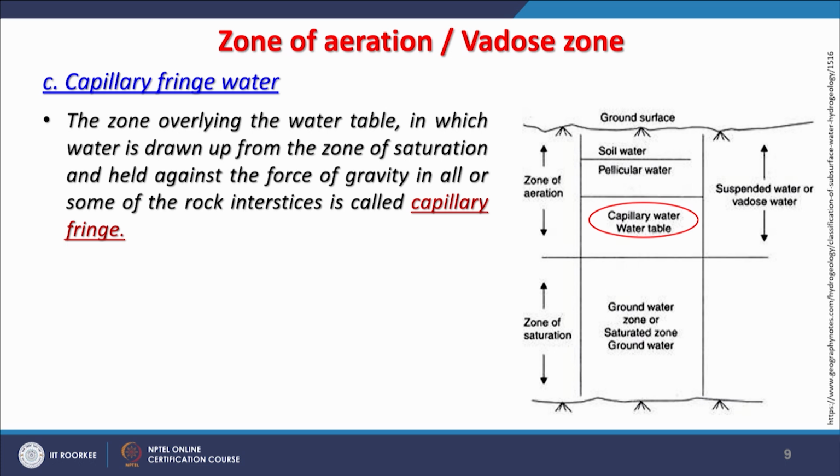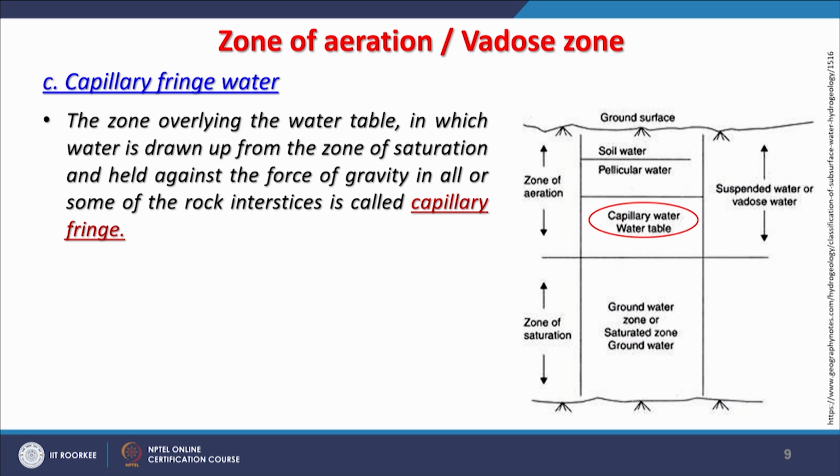Because of capillary action, it brought water to the surface, and that water evaporated, but the water was carrying salts and other alkaline materials, and they got left on the surface of the earth. So soil salinization and soil alkalization occur because of capillary fringe water.